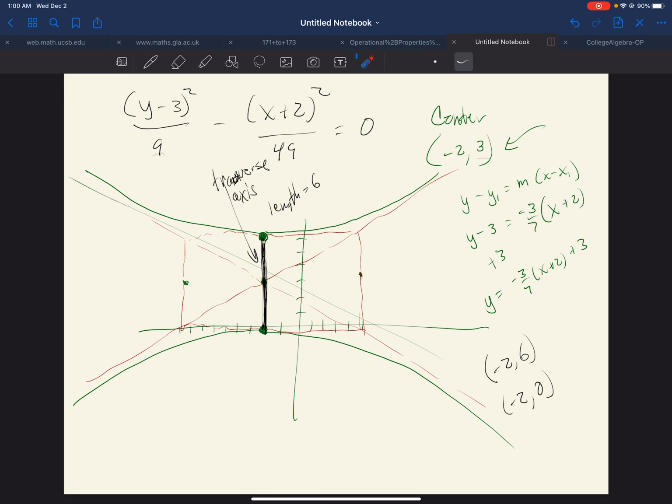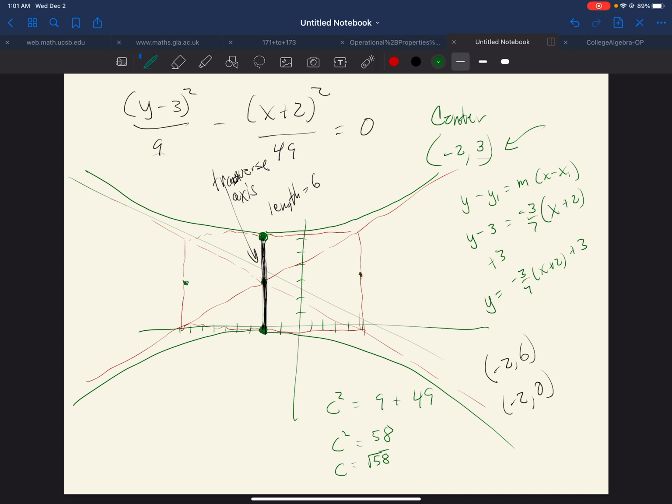And if it asked about the foci, they would live out here. Let's do that for this example. So in this case, C squared should be, and it is important that you get it right, the A squared is 9 plus the B squared is 49. And that means C squared is 58. And so C is root 58.